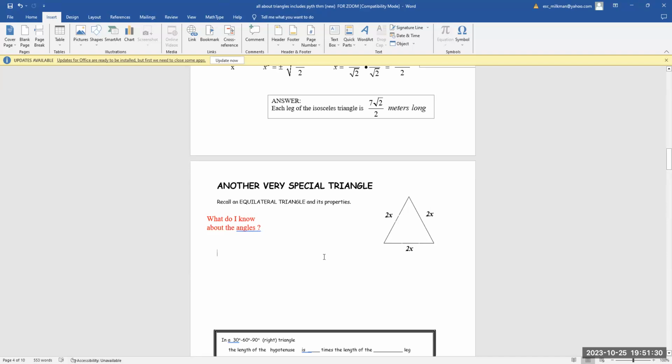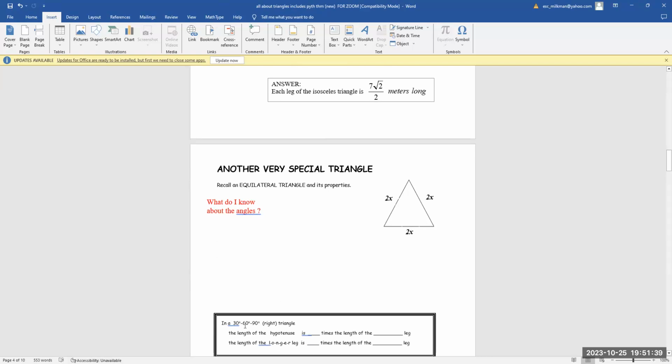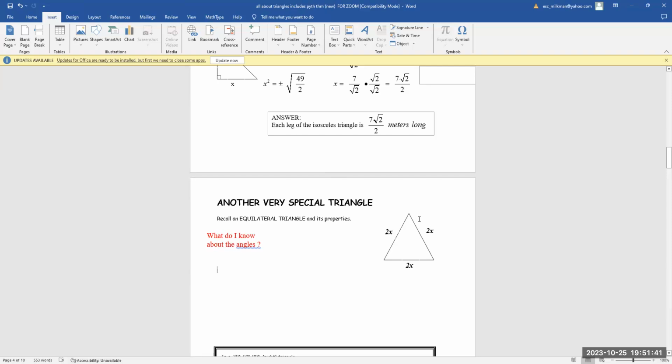Maybe you already knew that about an equilateral triangle. Not only are all three sides congruent, all the angles are congruent. So we're going to call this a very special triangle. And I'm now going to go to a whiteboard and show you how we create the lengths.